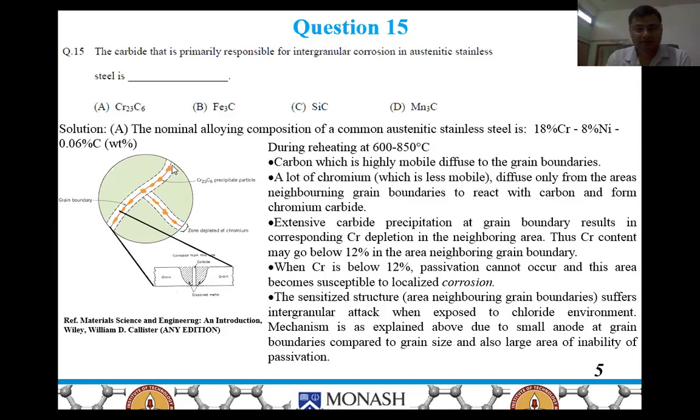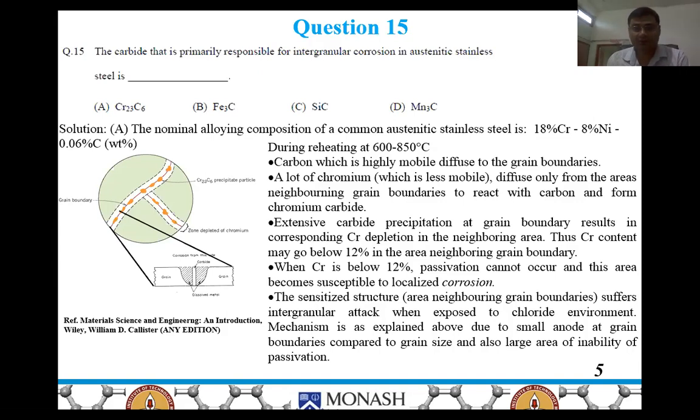Cr23C6 precipitates will be there. An extensive carbide precipitation at grain boundaries results in corresponding chromium depletion in neighboring areas. Thus, the chromium content may go below 12% in the areas neighboring grain boundaries.